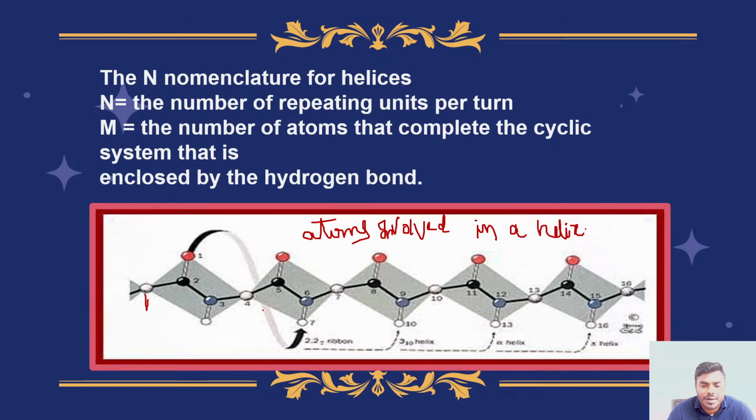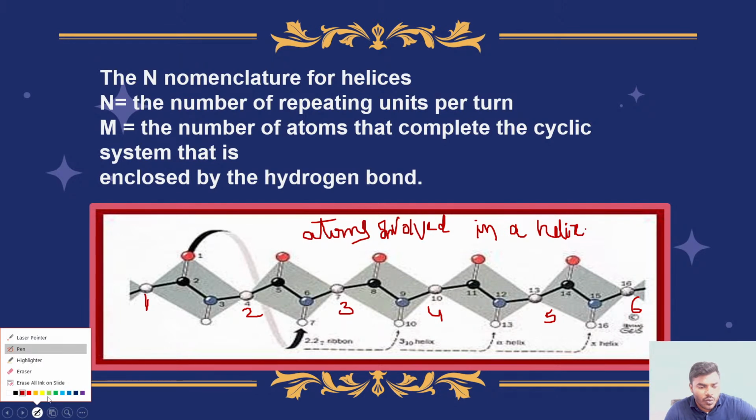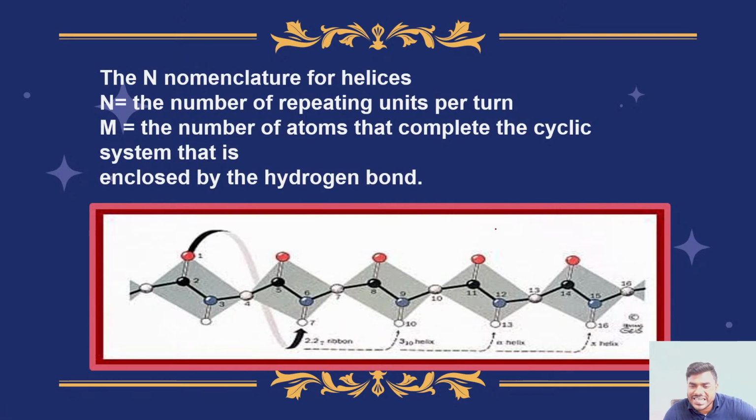These are all the carbons. Carbon 1, carbon 2, carbon 3, carbon 4, carbon 5 and carbon 6. Okay, these are all the carbons. So now let's look at them one by one. Let's understand our alpha helix. In our alpha helix, you have to remember how many amino acids and how many atoms are involved. This is what we have to understand.